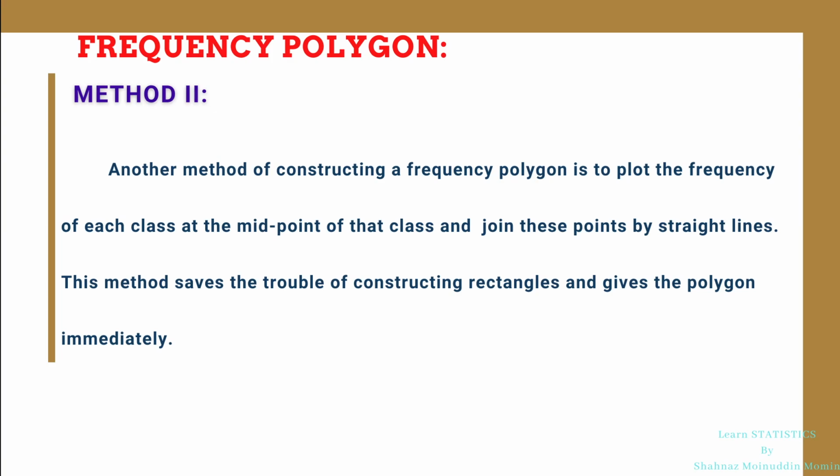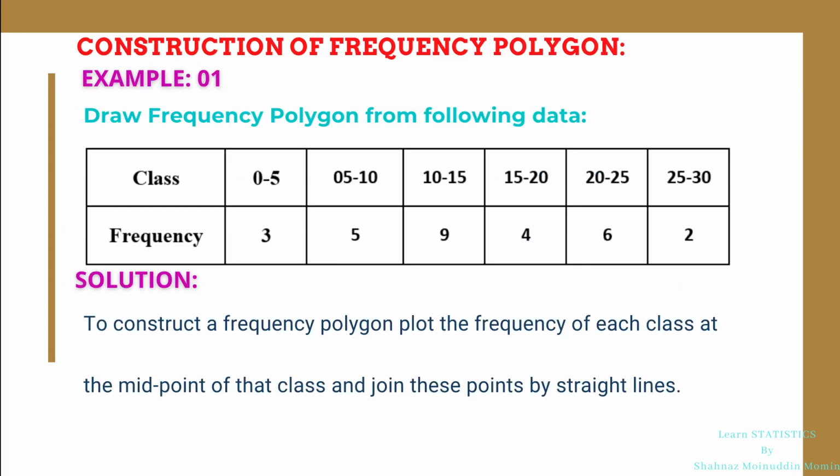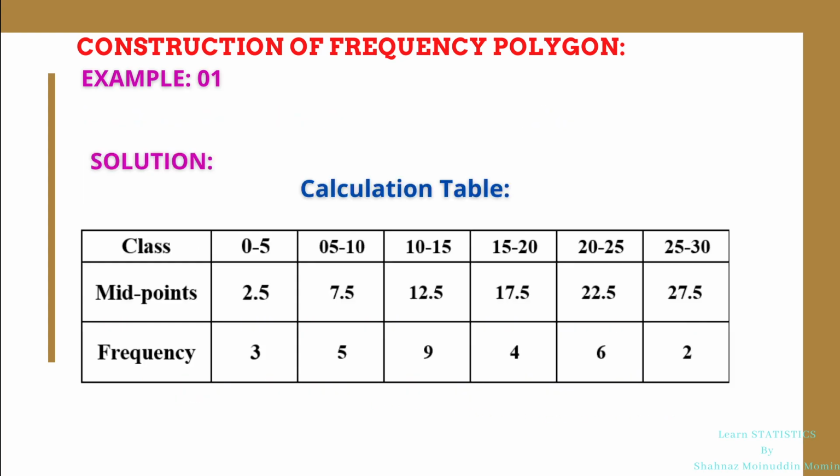I will take the same example in order to understand the second method. So let us start with the same example of class and frequency. But here one thing we have to calculate: to construct a frequency polygon, plot the frequency of each class at the midpoint of that class and join these points by straight lines. That means we have to calculate the midpoints for each class.